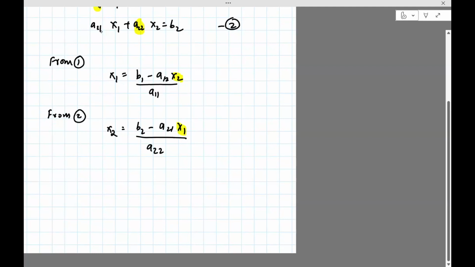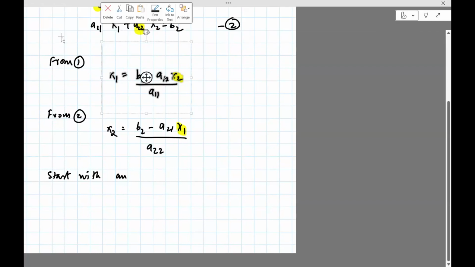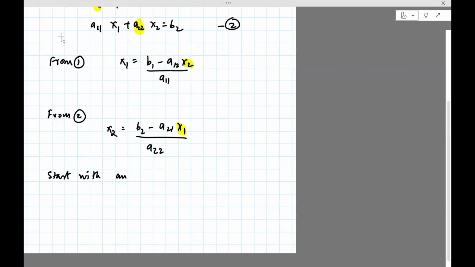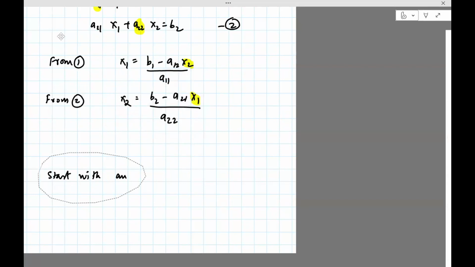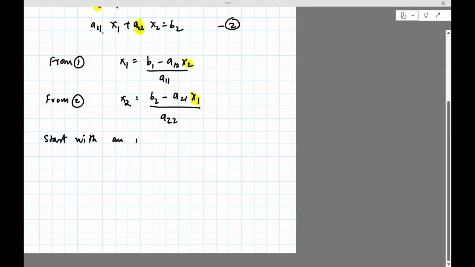all iterative methods start with a guess. So start with the initial guess.